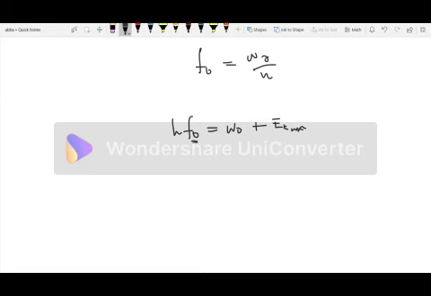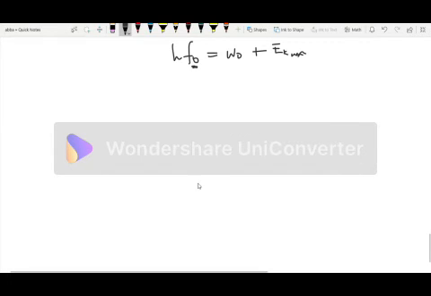Now the cutoff wavelength corresponds to the cutoff frequency. So obviously if it corresponds to that, it means the cutoff wavelength will be equal to c over f0. Remember, c equals what? Wavelength times frequency. So now this is cutoff, this is cutoff.